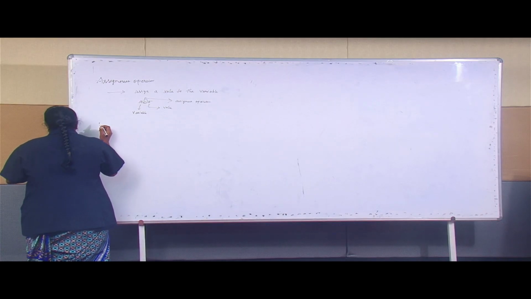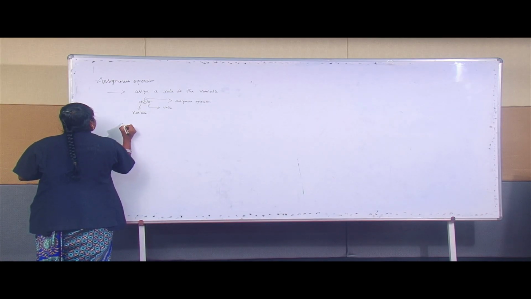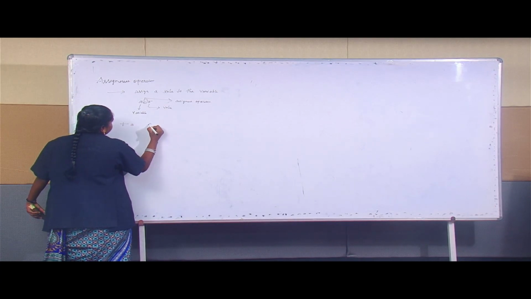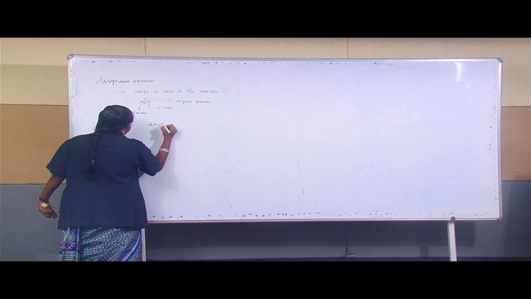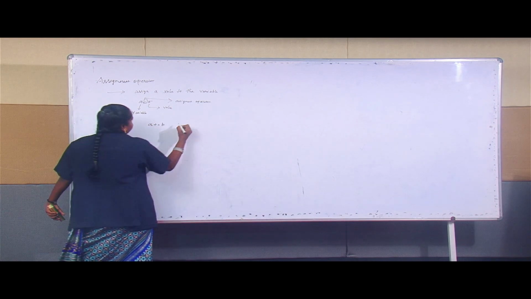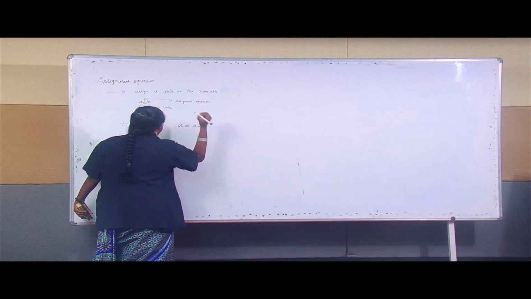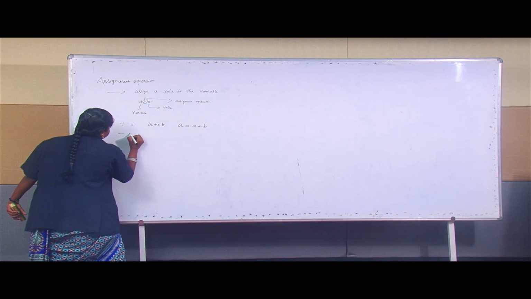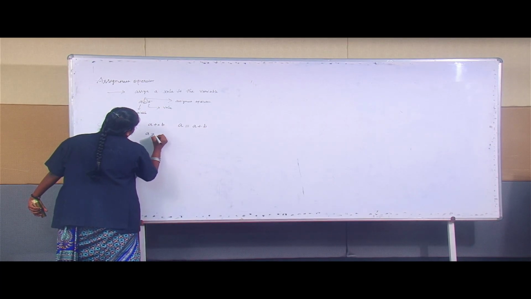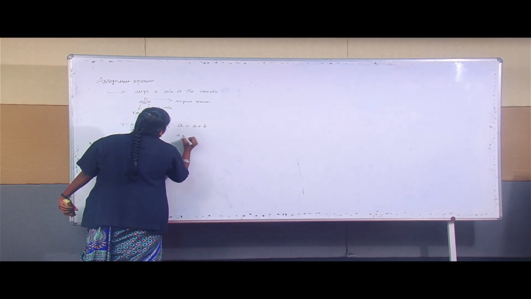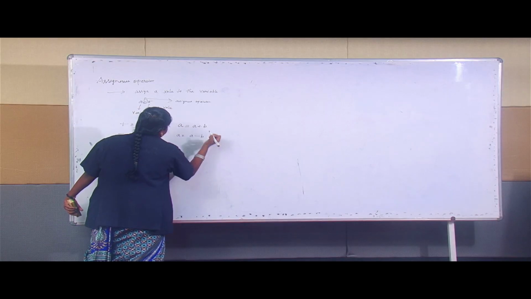Then next one, plus equal to. Just consider a plus equal to b. This we can write a is equal to a plus b. Then minus equal to. A minus equal to b means a equal to a minus b.